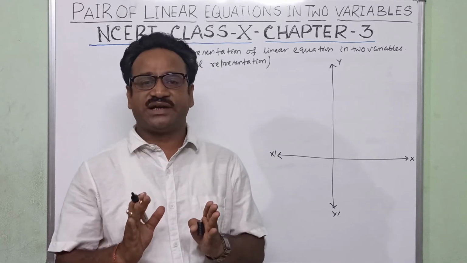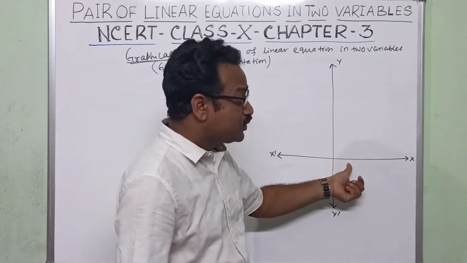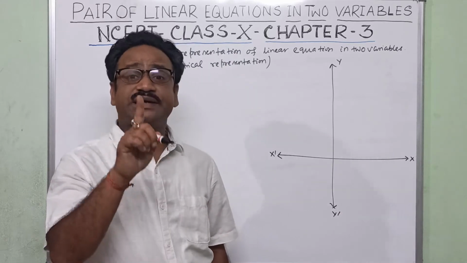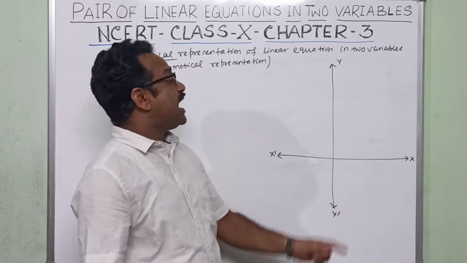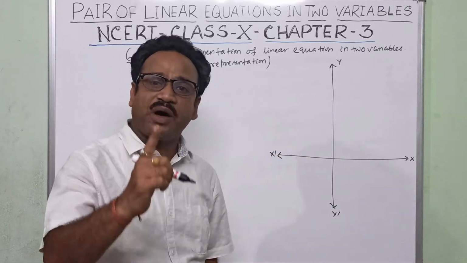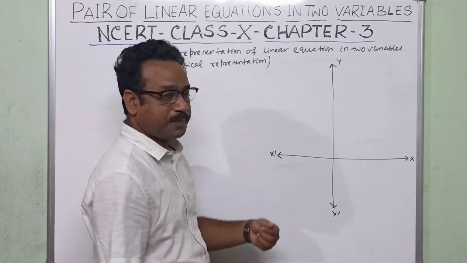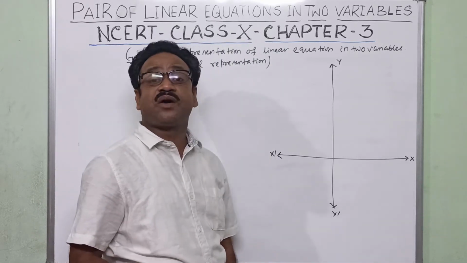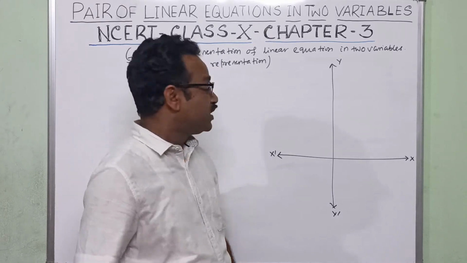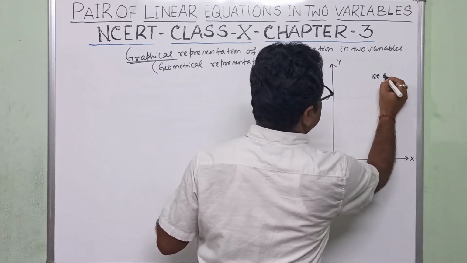So for better understanding, always keep in mind that the axis which is parallel to the base of the paper is the x-axis, and the axis which is perpendicular to the base of the paper is the y-axis. Keep it in mind. Now the point of intersection of x-axis and y-axis is called the origin. Now here we have the first quadrant. This is our first quadrant.